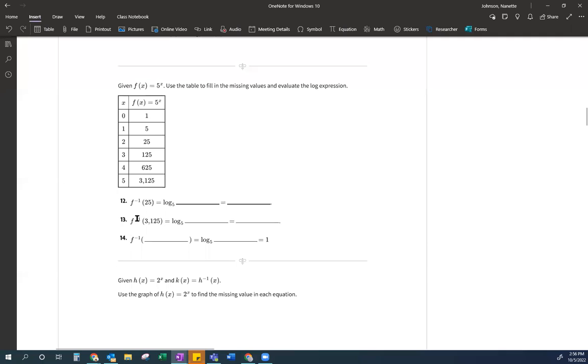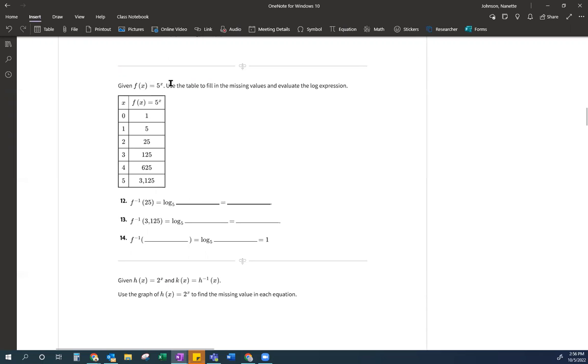Okay, so this is very similar to that other one that we did before, looking at the graph of it, right? So here it says f inverse of 25 means log base 5 of what equals what?